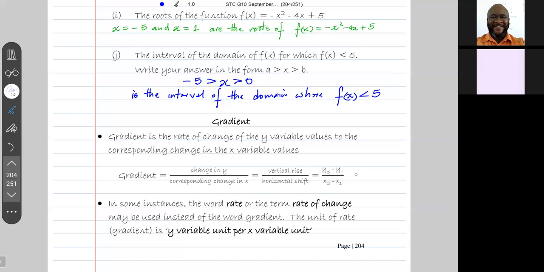So if the y variable is, let us say, meters, that's distance, and the x variable is, say, seconds, the unit of the gradient would be meters per second. So that is what it is saying. Stay with me.